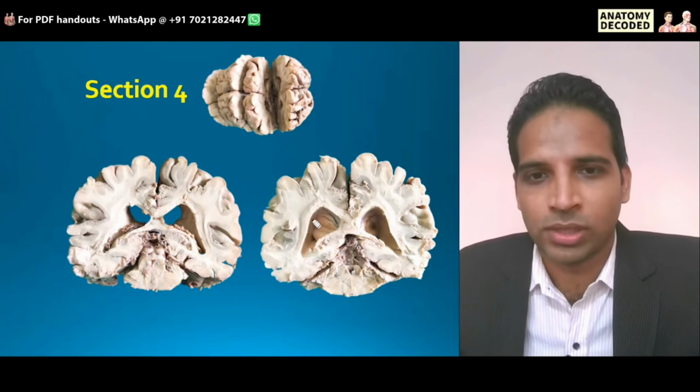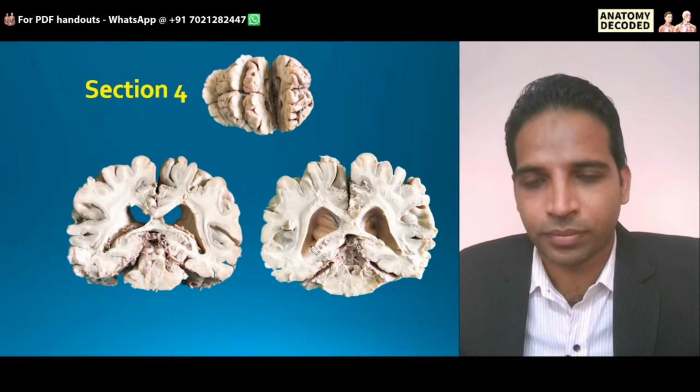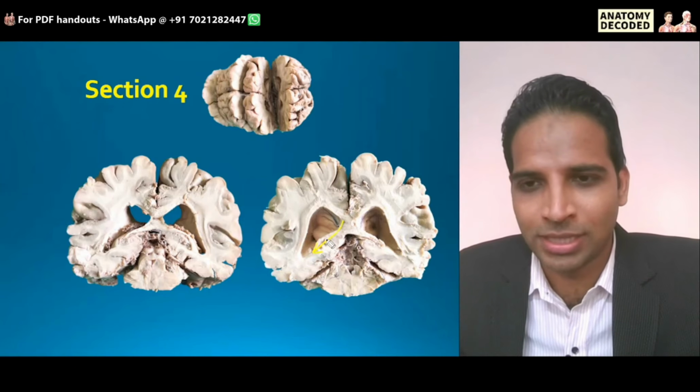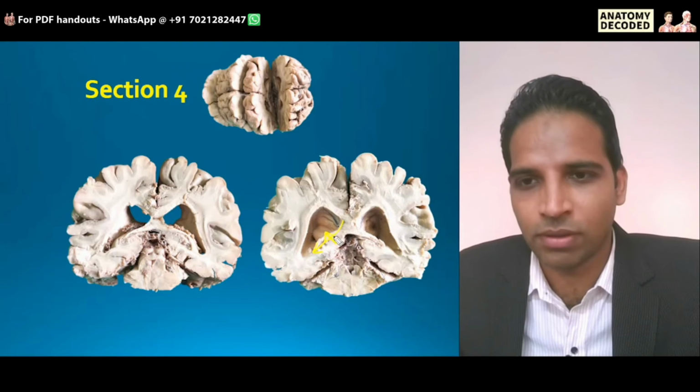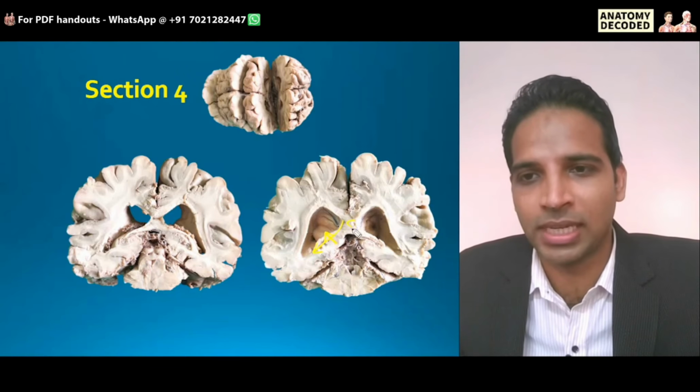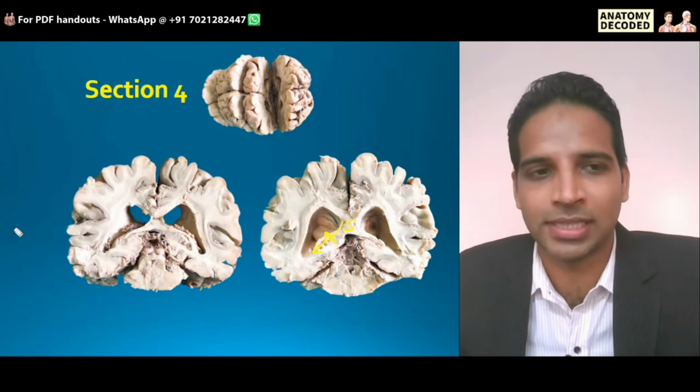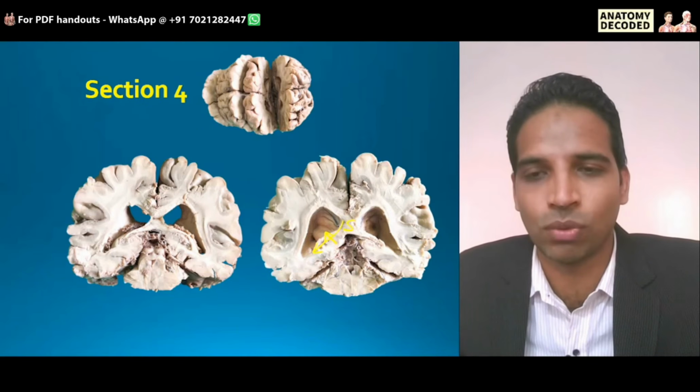And the boundaries of the posterior horn, the medial wall, it's important here. There are two bulges which are seen. One bulge is by the forceps major, the fibers of the splenium of the corpus callosum which extend behind, referred to as forceps major, that produces a bulge here.